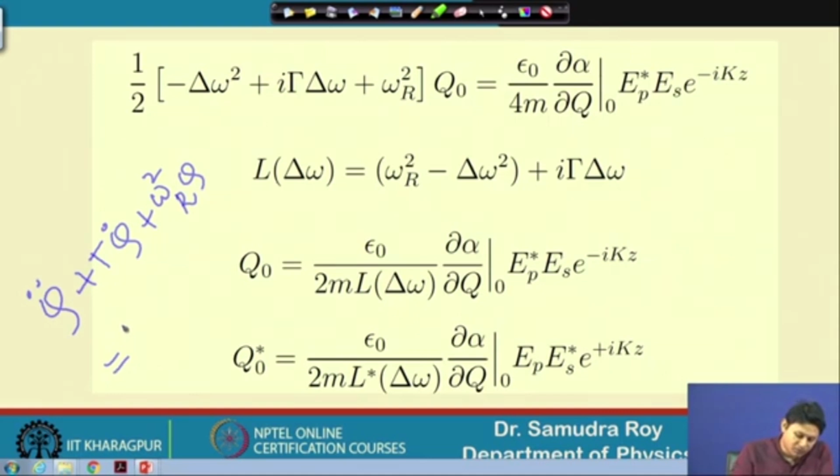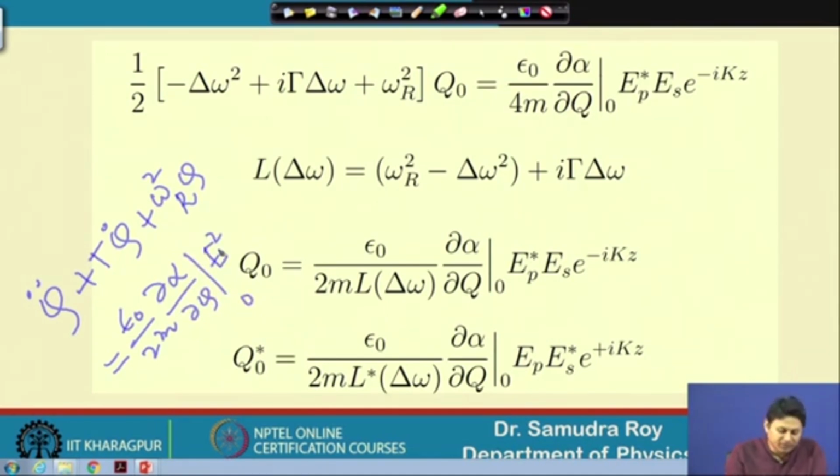This total force term was epsilon 0 divided by 2 m, as far as I remember, del alpha del q at 0 and E square. So E square, we know, should be the component of delta omega, and here E also is the component of delta omega. When I put the value of q and E having the component delta omega into this differential equation, I will readily have this expression in our hand.